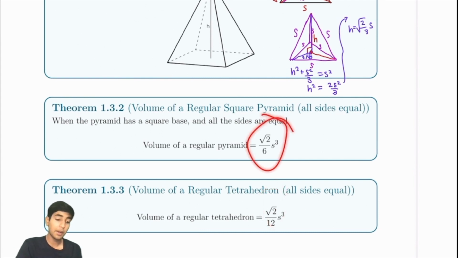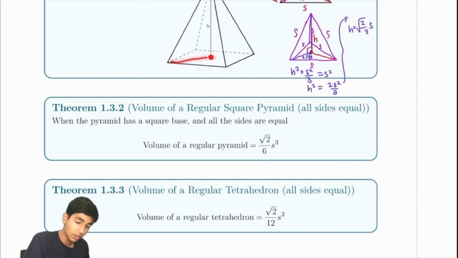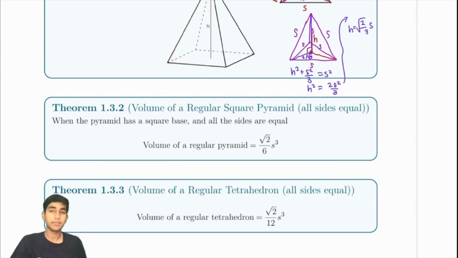And there's something similar for pyramid, but I won't show that for the sake of time. But the idea is you look at this diagonal here, H, 90-degree angle, Pythag theorem. These are only for regular, so all sides equal and everything symmetric.